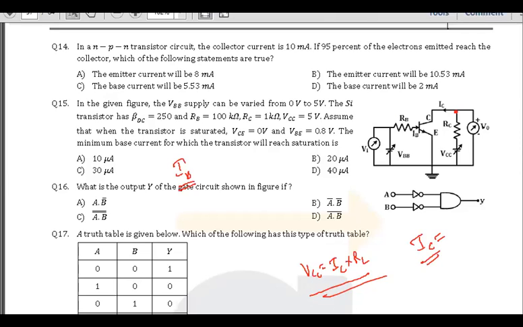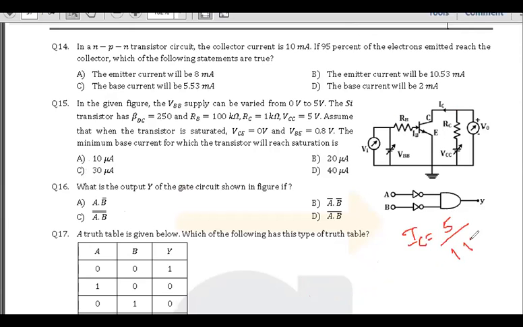RC is given. So can I say that IC is equal to VCC, which is 5, by RC, which is 1 kilo ohm? So IC will be 5 milliampere. Yes or no?